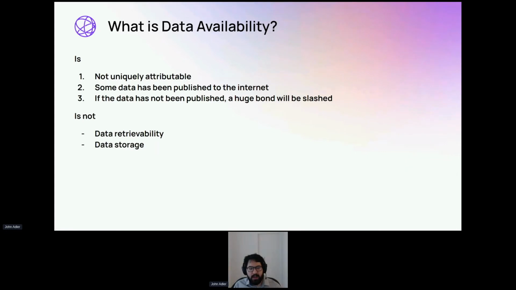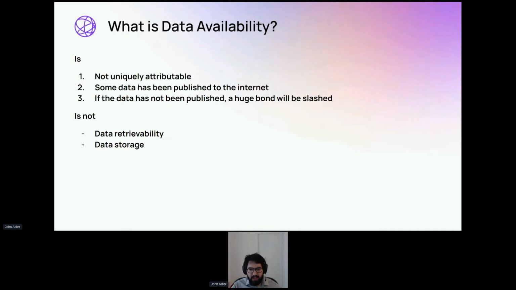There's kind of two properties that it has. So data availability is the claim or the property that some data has been published to the internet, and if we assume that the internet never forgets about interesting data, then the data will never be erased. You could recover it later or so on, but there's no person who is responsible for storing that data.